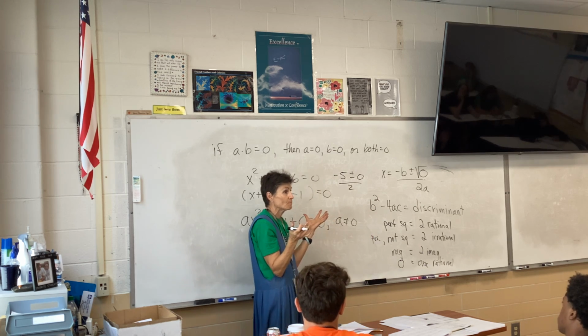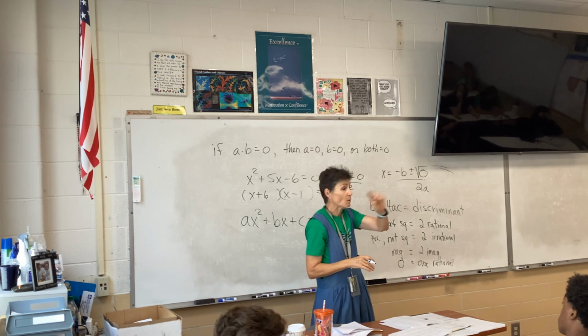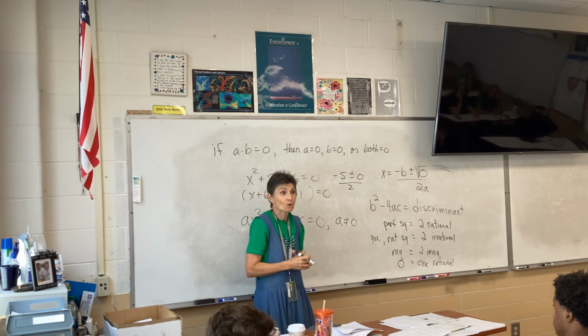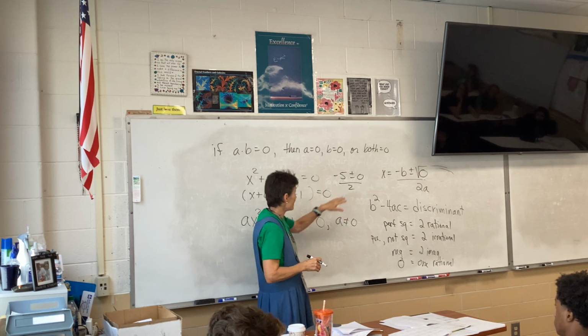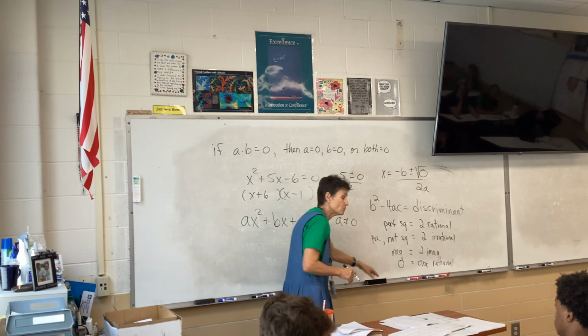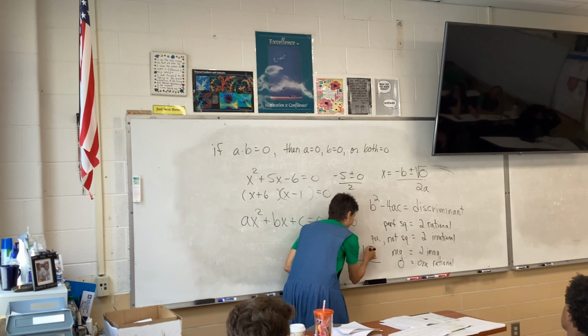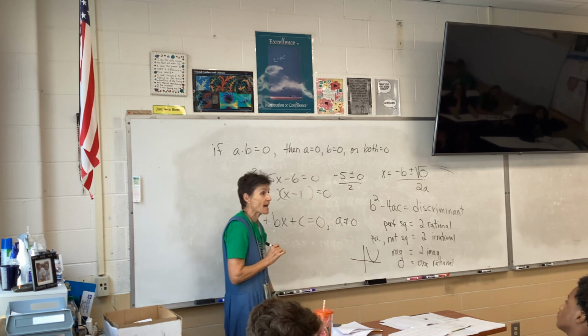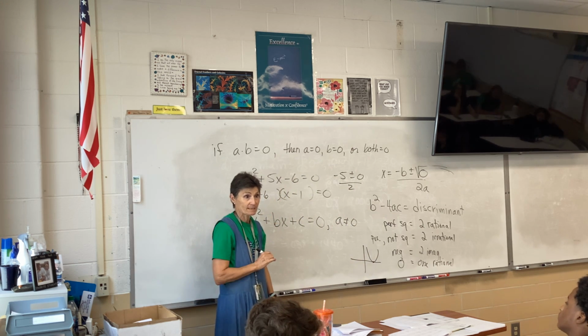So negative 5 plus 0 is one answer, and negative 5 minus 0 is the other answer. It just so happens they're the same. So in that case, there's only one root. When you graph your parabola, it looks like that. It only touches the axis in one place.